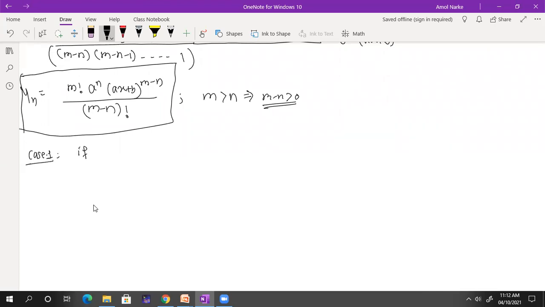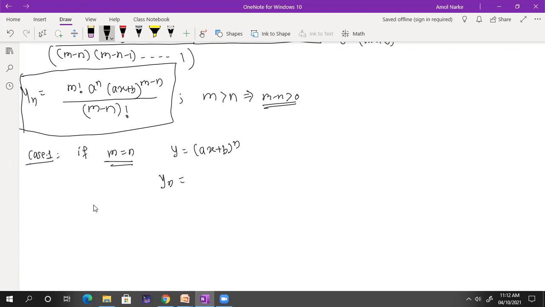If m is equal to n, what happens? What am I getting? y equals (ax plus b) raised to n. Tell me, what is my y n, if m and n have the same value? The denominator is 1, because 0 factorial is 1.